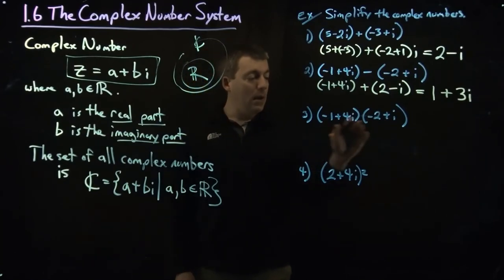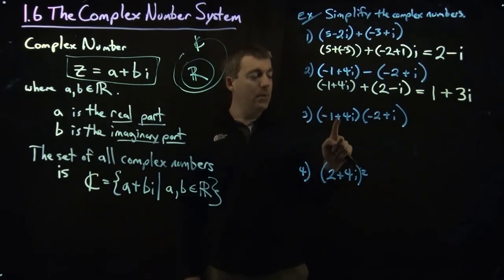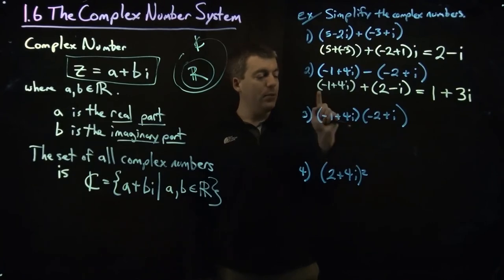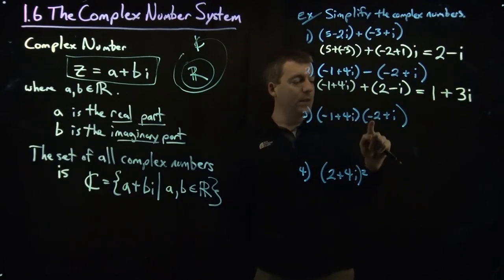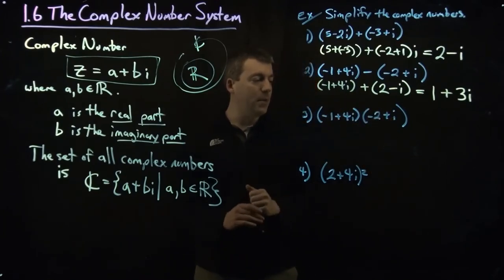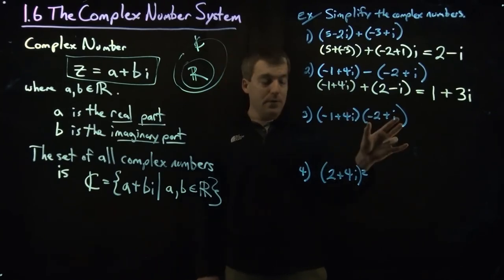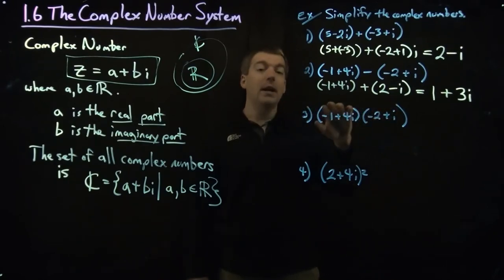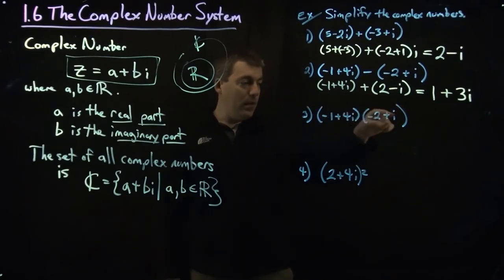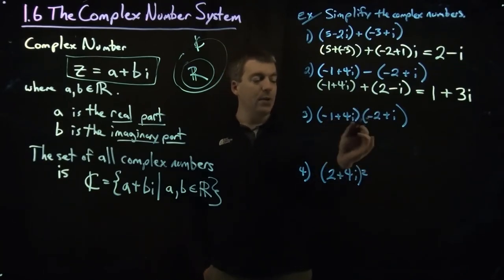Okay, let's look at multiplication. -1 plus 4i, so -1 real, 4i imaginary, times -2 plus i. So -2 is the real part, 1 is the imaginary part. Okay, these can be treated as binomials, and we know that we need to either FOIL or, in any case, distribute this out to multiply. All right, so let's go ahead and FOIL.